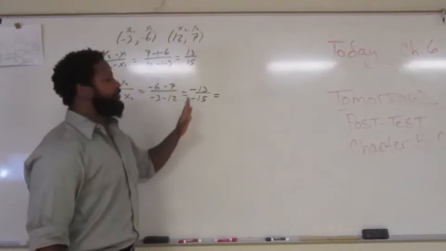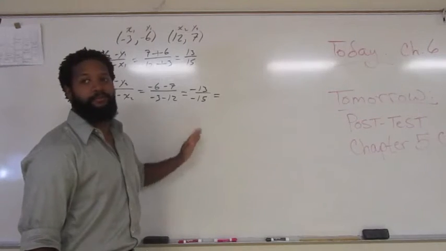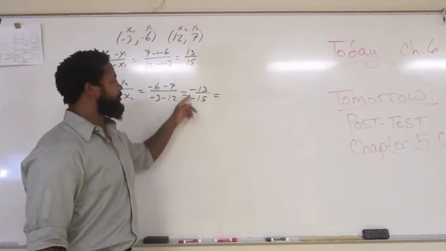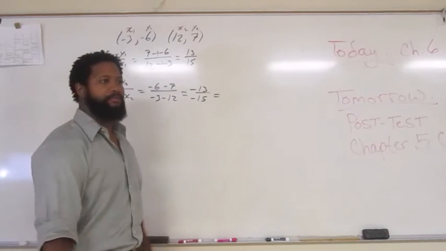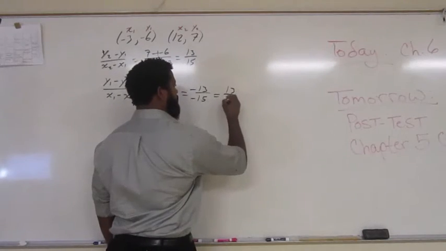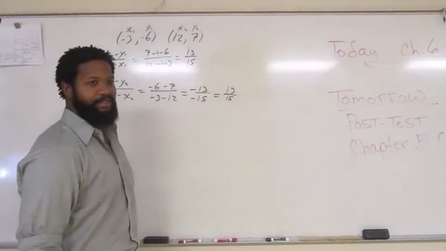Please do not leave any of your slopes like this, a negative over a negative. You just have to divide it by negative 1. You already know negative divided by negative is a positive. So write it that way, okay? Do not leave it with a negative being divided by a negative.